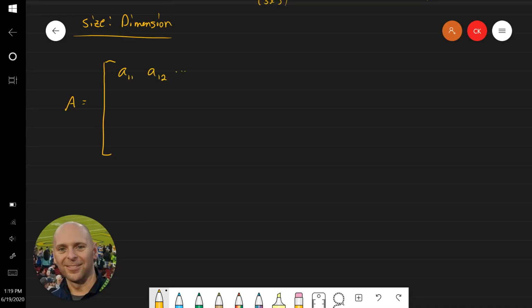You don't necessarily have to be able to reproduce this in any way, but it'll allow me to introduce a little bit of notation and terminology here. And this will be A M1, this will be A M2, and this will be A MN for our general M by N matrix.